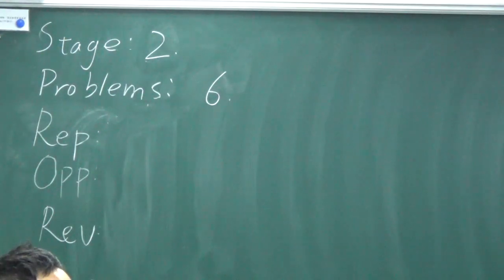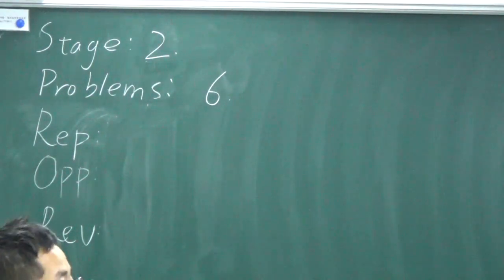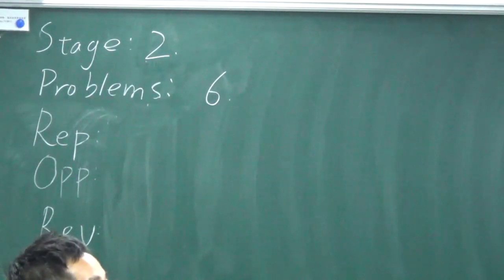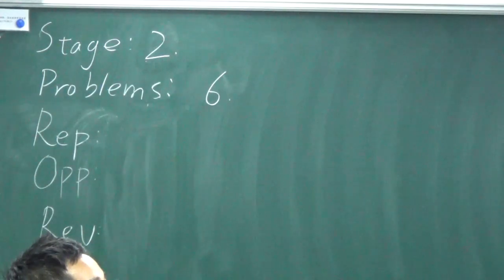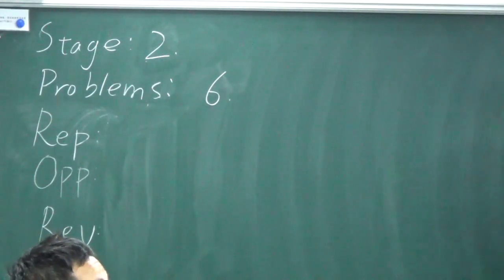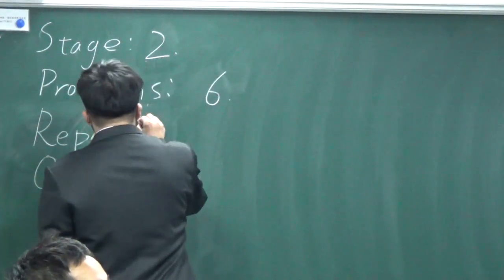So we already have a problem, number 6. And I think every group has to sign your name on the board. So the reporter, reviewer, opponent, please sign your names on the board. Okay, thank you. Okay, so we have 5 minutes to prepare, right?